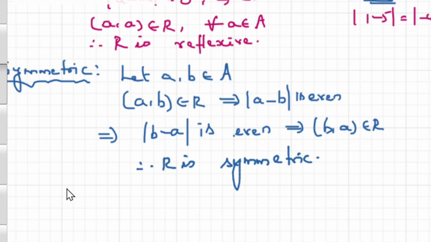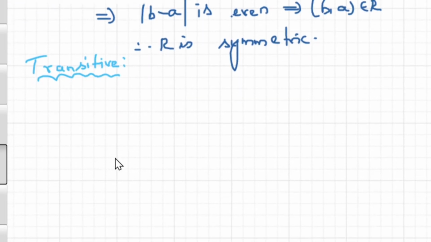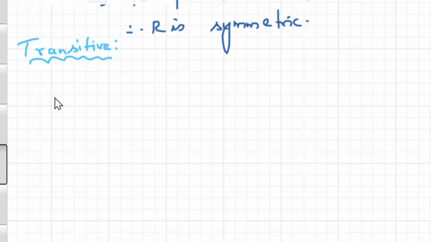And next we'll have transitive. In transitive we have to consider three elements.